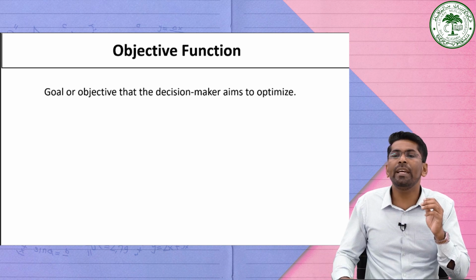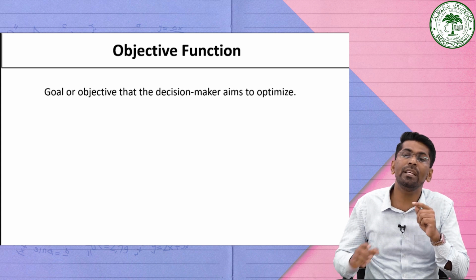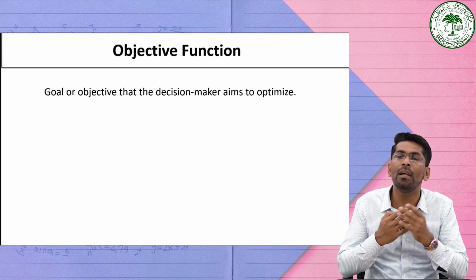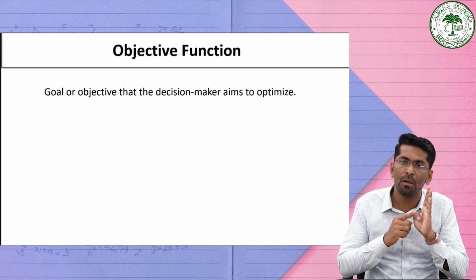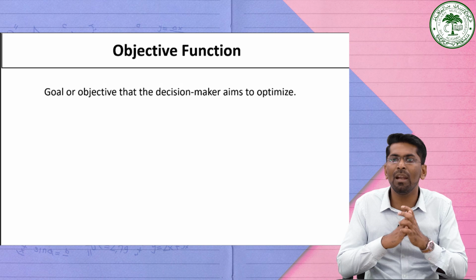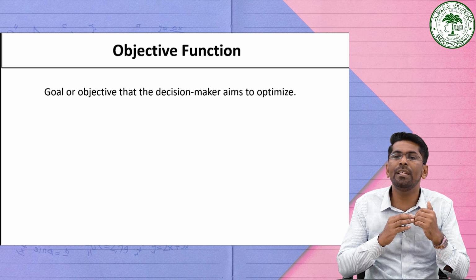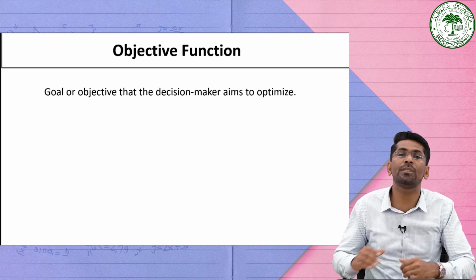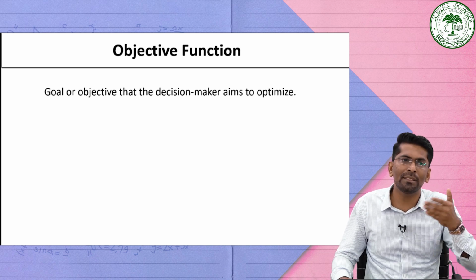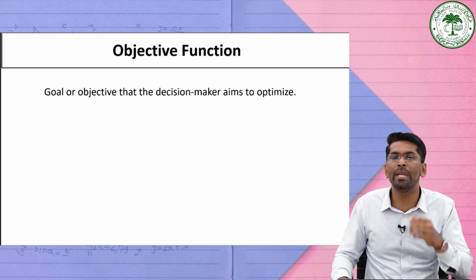For example, in the case of a maximization objective, the decision maker seeks to maximize some measure of performance. For example, it may be profit maximization, or revenue maximization, or utility maximization, like that. While minimization generally seeks to minimize some measure of cost. For example, it may be in terms of cost of production, or some sort of distance, or the time requirement that we want to minimize.